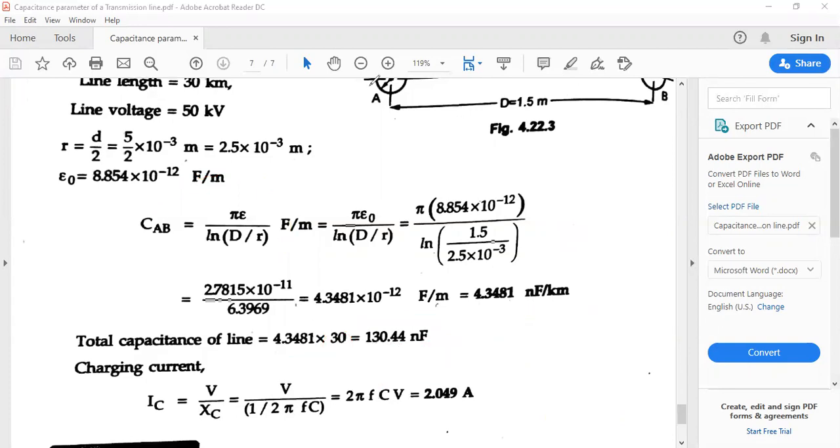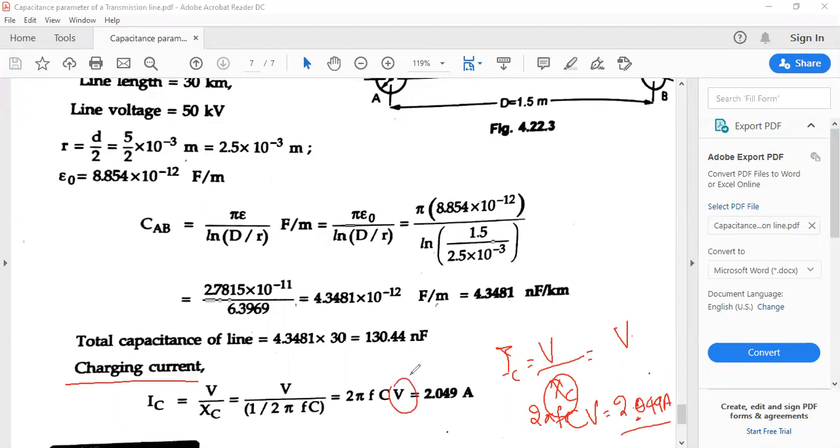And what you need to do now is find out the charging current IC, which is V divided by XC. XC I am writing here as 1 over 2 pi f C, so IC is 2 pi f C into V, and you will get the overall term as 2.049 amperes. V here is nothing but the line voltage.